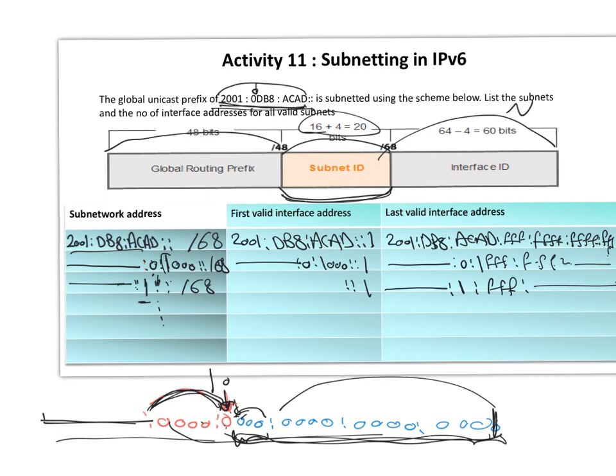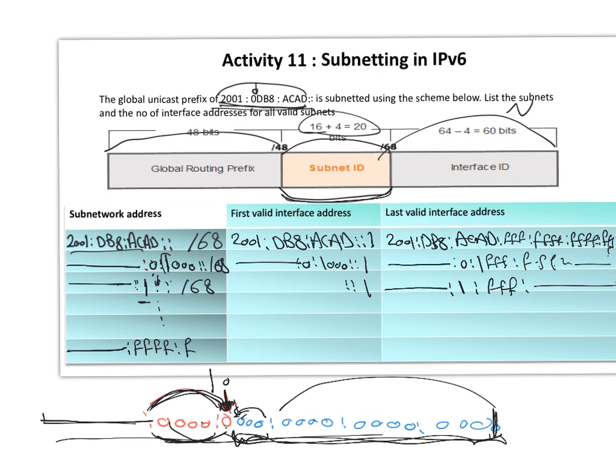So the final subnet ID is when you put the subnet ID part all Fs, meaning 5 hexadecimal digits, all Fs. Right? So the first 3 hex bits are the same. Then the subnet ID part, which will be F, colon F, which corresponds to this one.